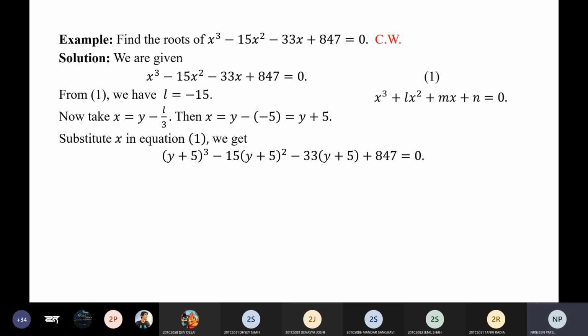And it simplified to y cube minus 108y plus 532 is equal to 0.